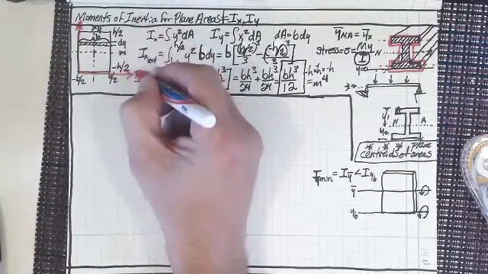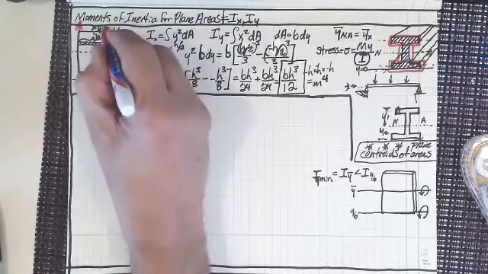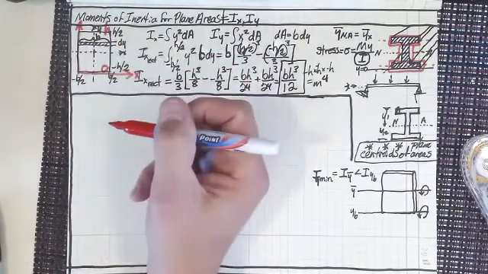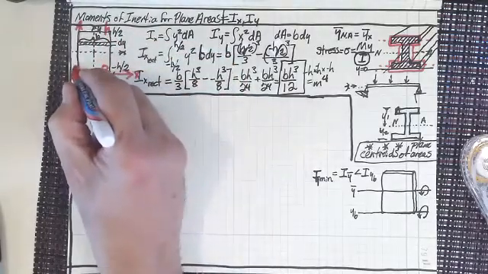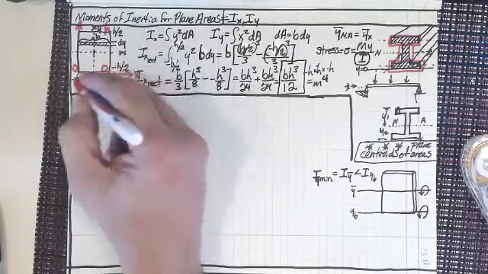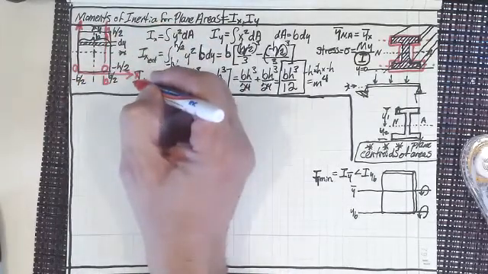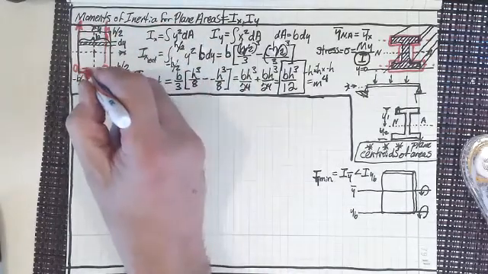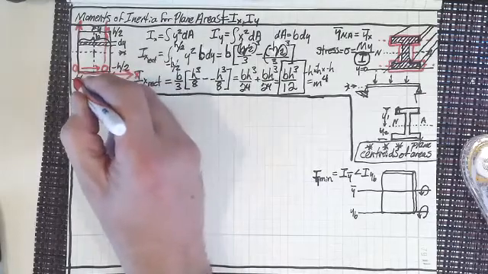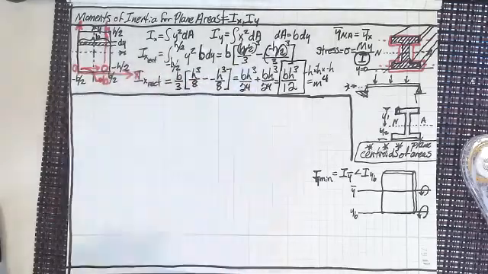Because this now is going to go from 0 to h. And this is going to go from 0 to b, right? Does everybody see that? So from 0 to h with the new coordinate system, and from 0 to b, not 0 to 0.